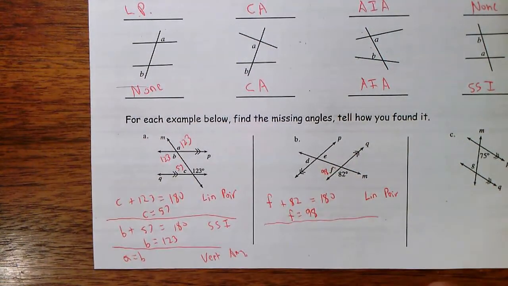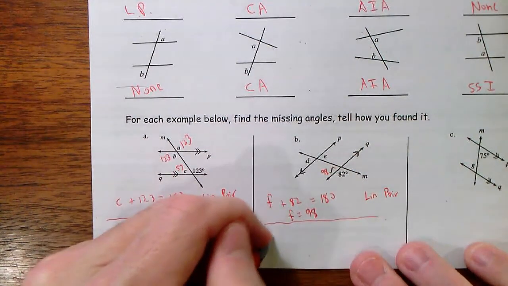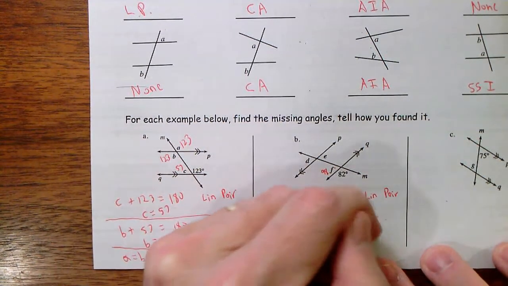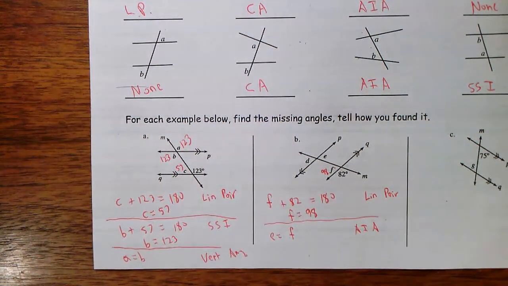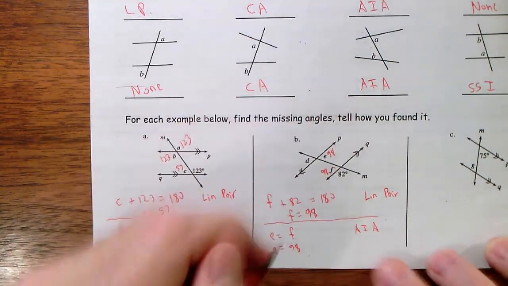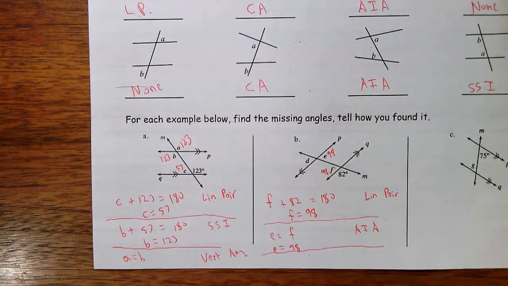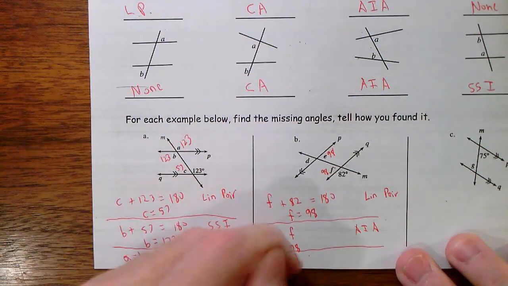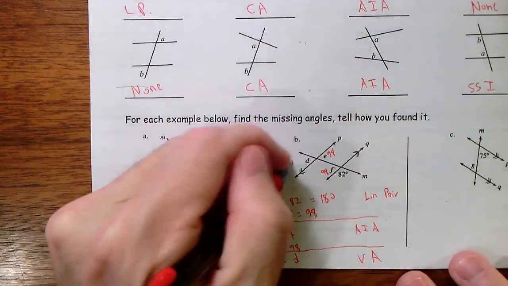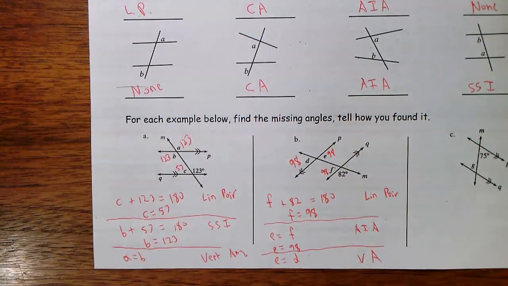And now I see I can get E because E equals F because they are alternate interior angles. So E would also equal 98. And then last, E equals D because they are vertical angles. So D would also be 98.